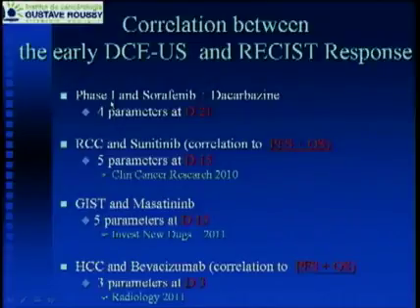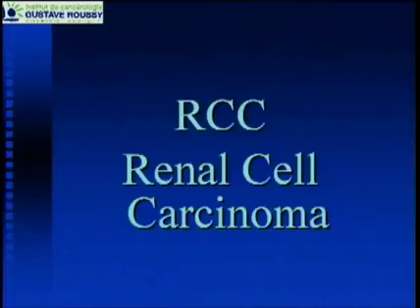And for the first time, we are able to demonstrate the correlation with the progression-free survival and overall survival. And remember, for the oncologist, this is the best endpoint in order to validate a new technology.